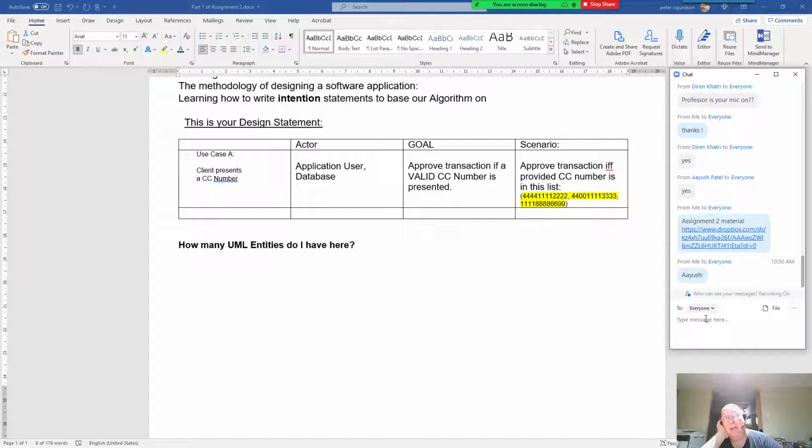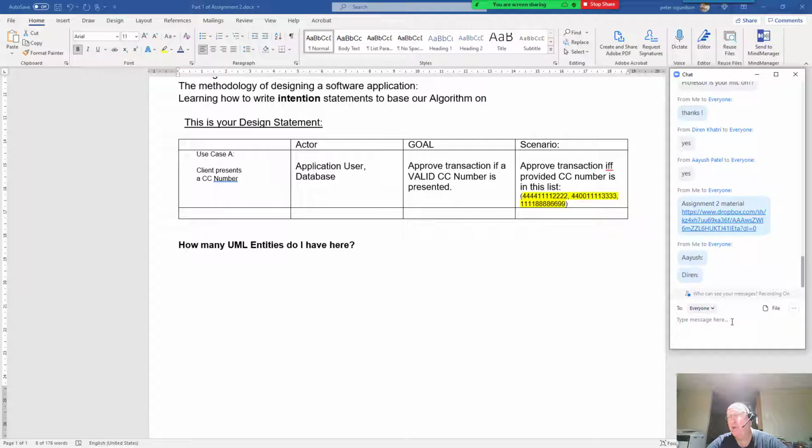How many UML entities do I have here? Deirdre, what's your opinion? What do you think? It'll be much more satisfying to you if you guess, even if you're not right. Well, who really cares, right? Because the goal is not to be right. The goal is to build your thinking skills.